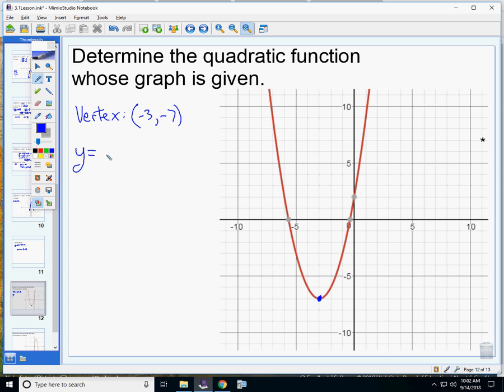Okay, now I'm trying to put it into this format. Y equals a times x minus h quantity squared plus k. I know h and k, so I can plug those in. I can also find an x and y value on my function. I'll pick an easy one like this one right here, which is 0, 2.